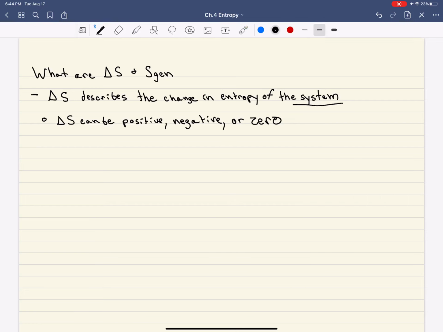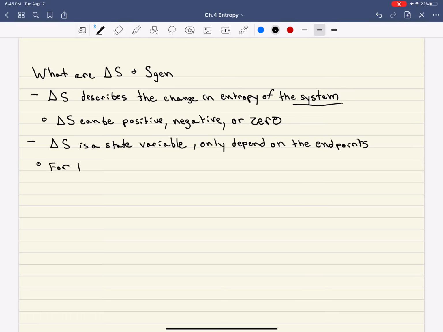Another way to articulate this, or another property of entropy, is that delta S is a state variable. And so it's only going to depend on the endpoints. Okay? I could give you an example.